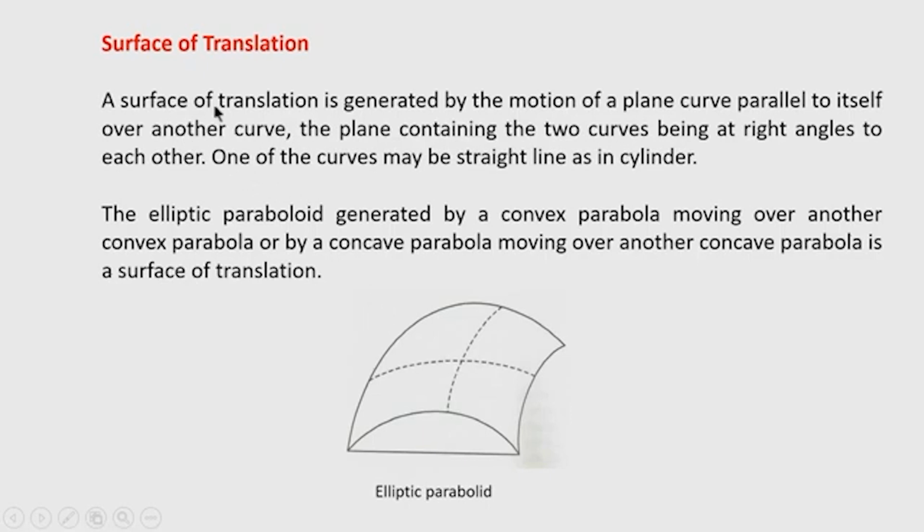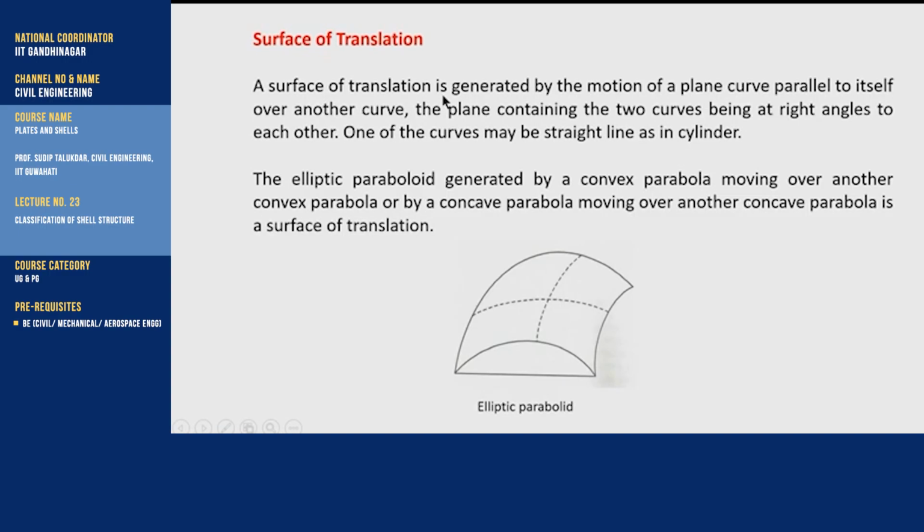Now, ruled surface and surface of translation, there is some difference. Ruled surface is formed by ruling of a straight line, but here surface of translation is generated by the motion of a plane curve parallel to itself over another curve.